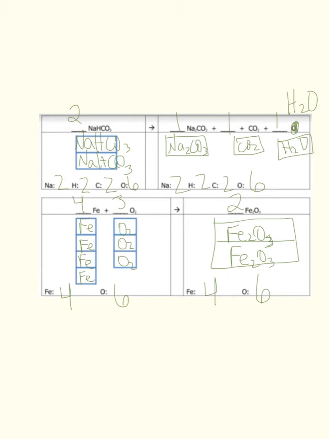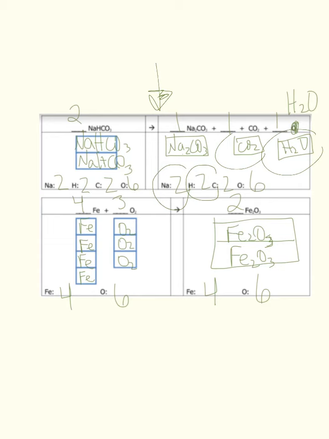Here are the answers to the last two examples. You might have felt like this one was a little tricky because you actually only needed one of each product. One Na2CO3, one CO2, and one H2O. And it's easy to see that there are two Nas. The H, there's two H's.